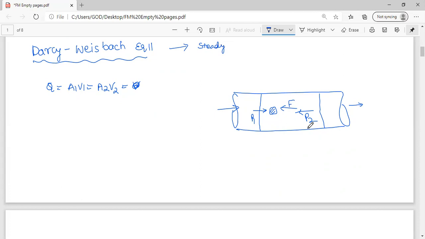So what equations we considered for Bernoulli's theorem, nearly the same I have considered here also: one-dimensional flow, steady, velocity is uniform, and one more is the diameter is constant. Those are the four assumptions I have considered. So if the diameter is not constant, you cannot use the Darcy-Weisbach equation.